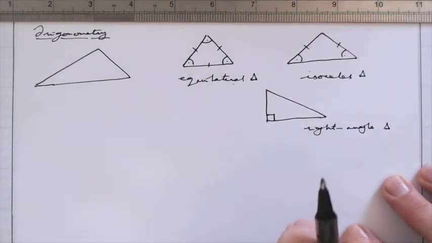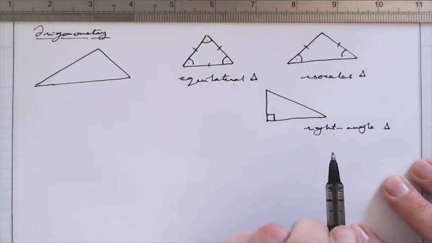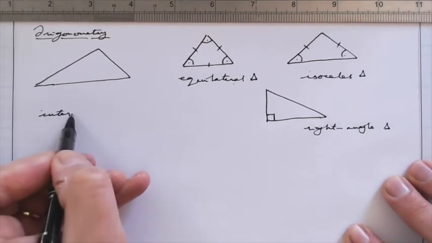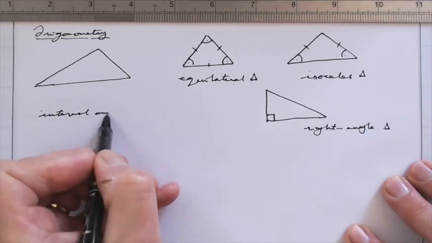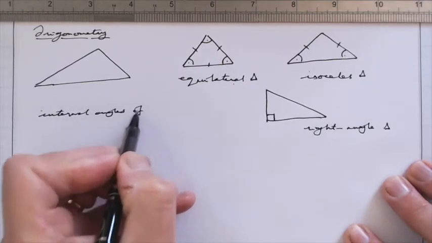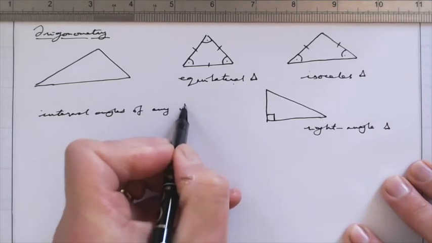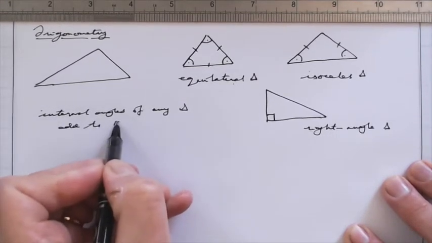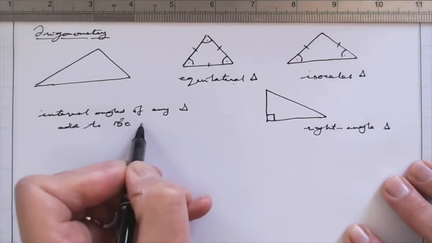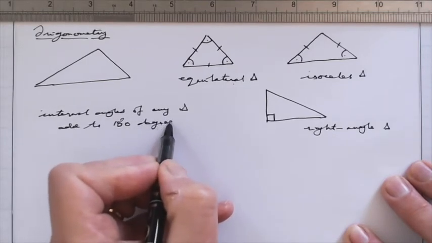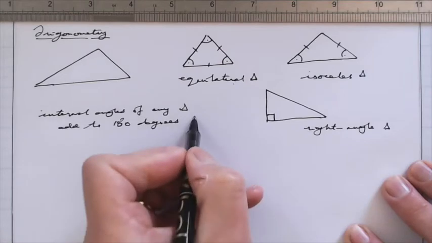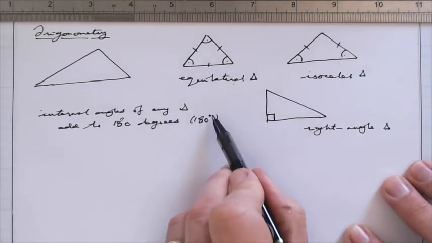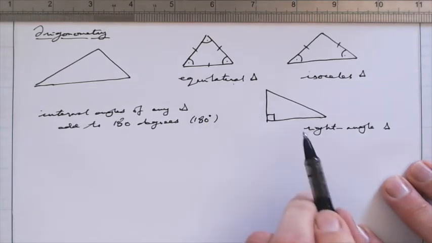Now, a very important fact is that the internal angles of any triangle add to 180 degrees, which you can write as 180, and then this little circle floating up means degrees.